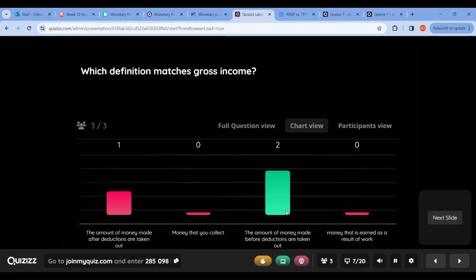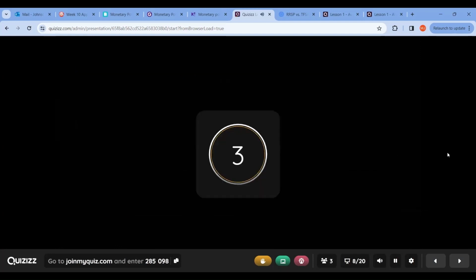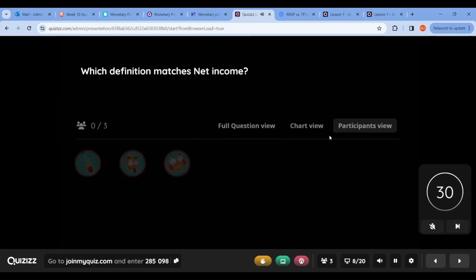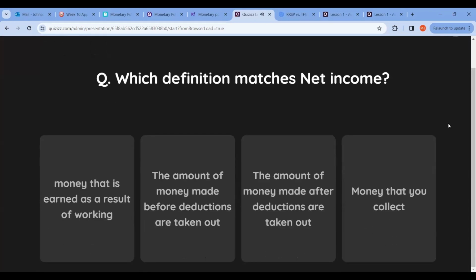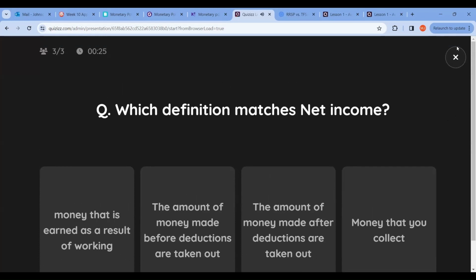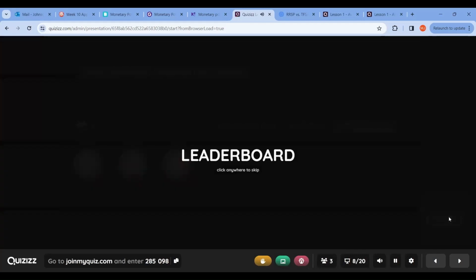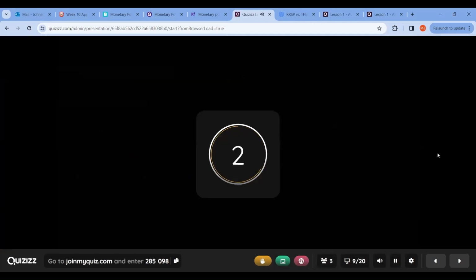So that's great. And then net income would be the amount of money made after deductions are taken out. So what definition matches net income? So yeah, the amount of money made after deductions are taken out, yes.